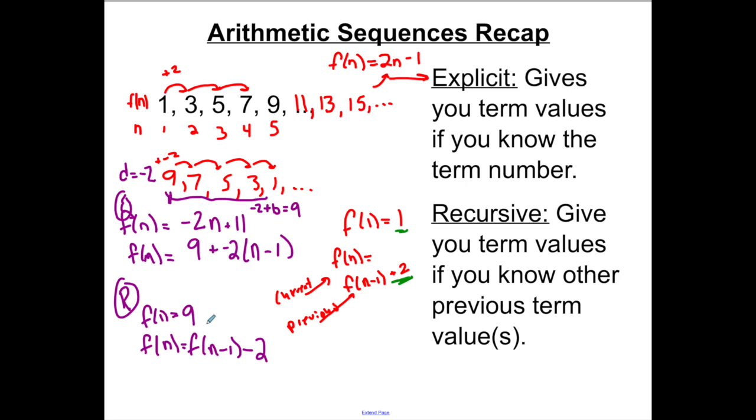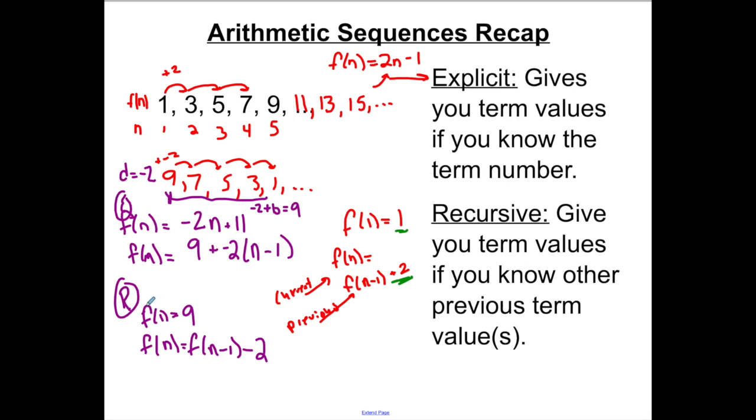So if it's difficult for you to write the recursive rule, try to turn these things into words, right? See how I wrote it in math, but when I said it out loud, it was words, right? The first term is 9, or you could say the value of the first term.